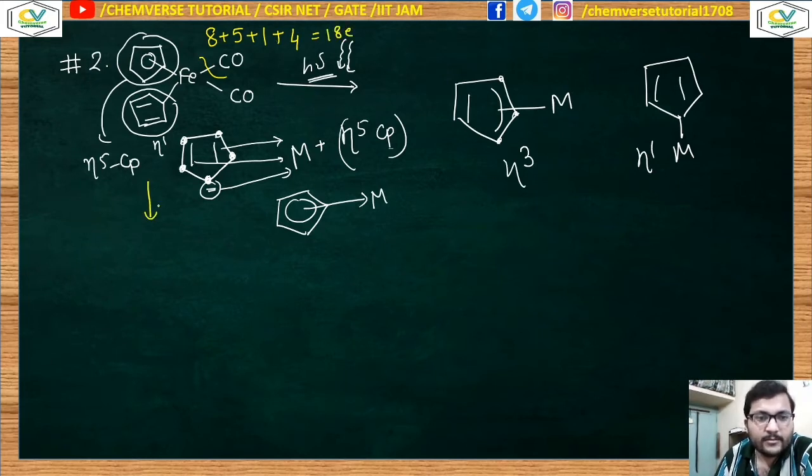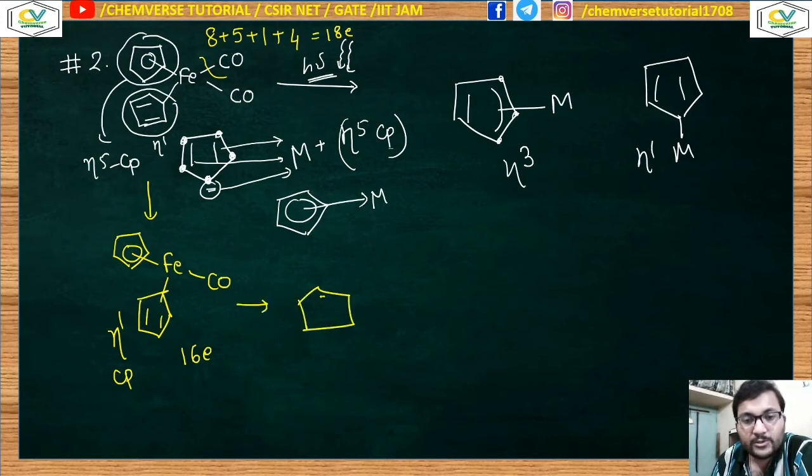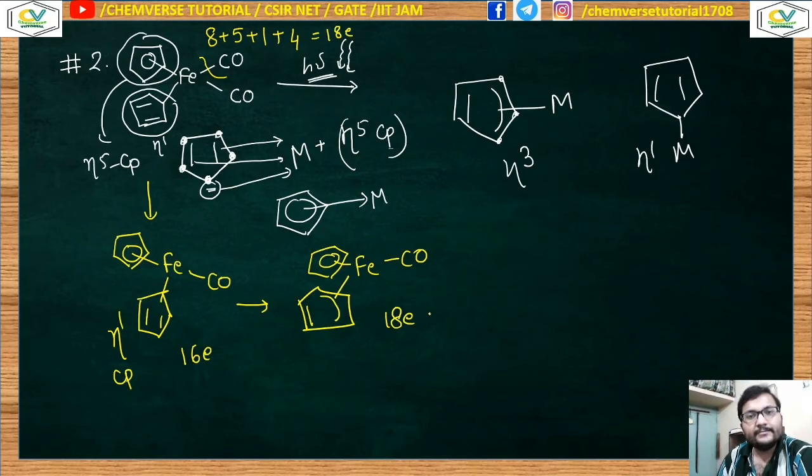Now when the first carbonyl is already dissociated, then this system is turned into a 16 electron species. Now this hapto-1 cyclopentadienyl ligand can change its hapticity to hapto-3, so that the electron count becomes 18 electron again.